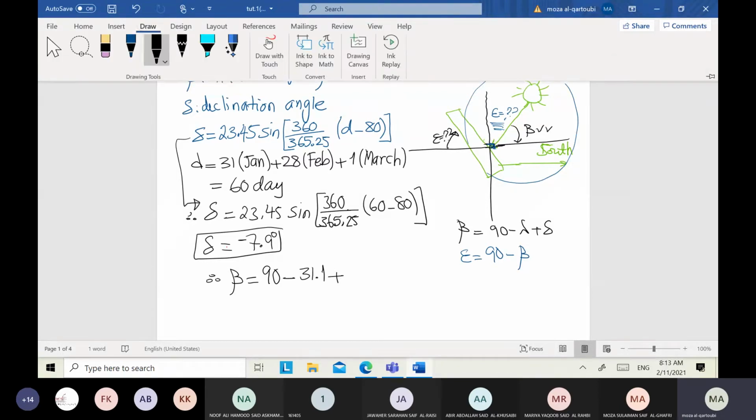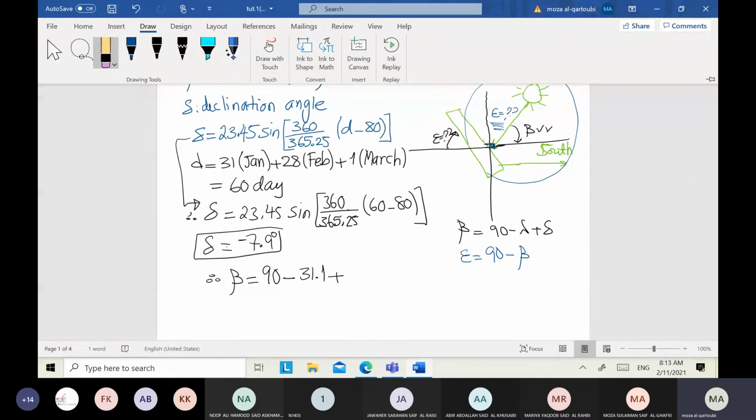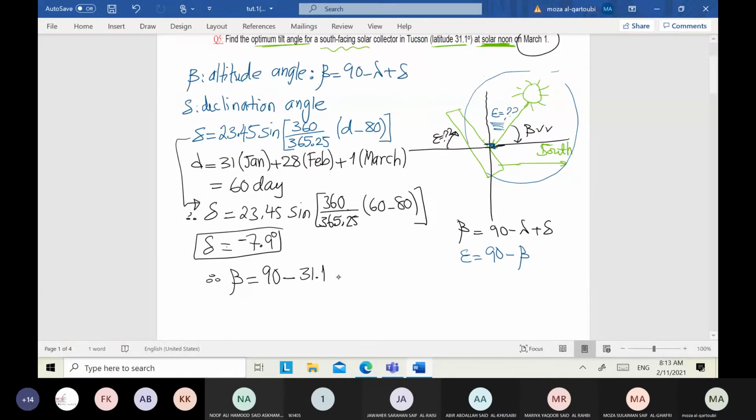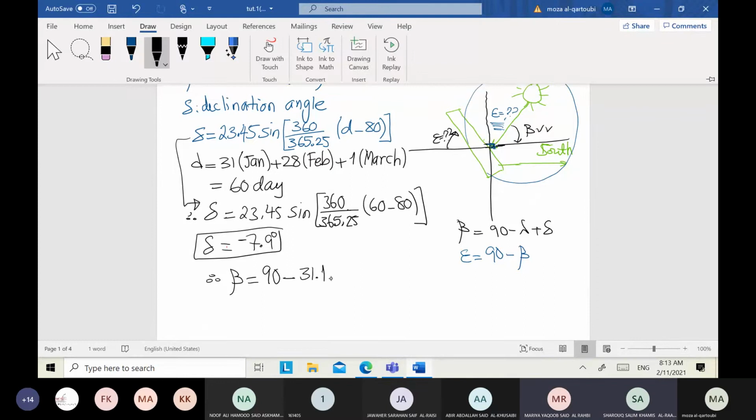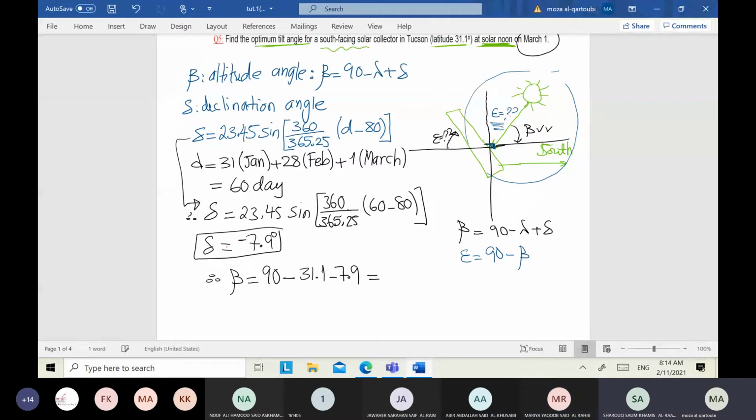Please give the answer of beta. 51 degrees. Yes, 51 degrees.